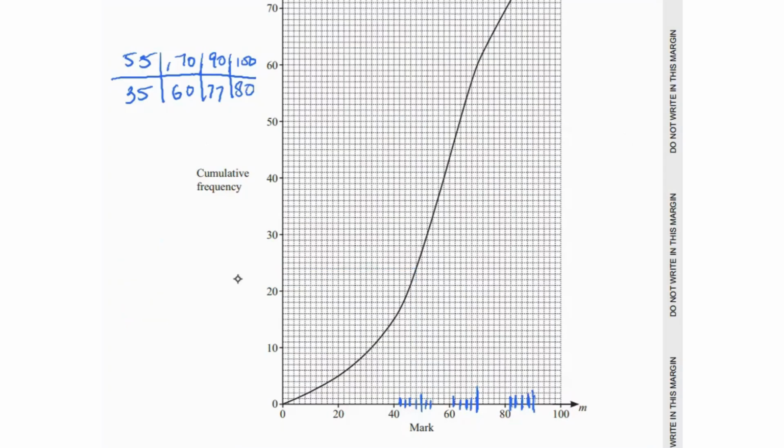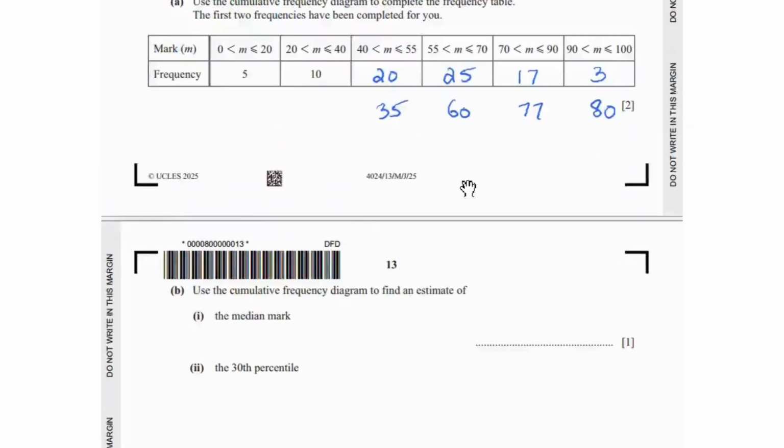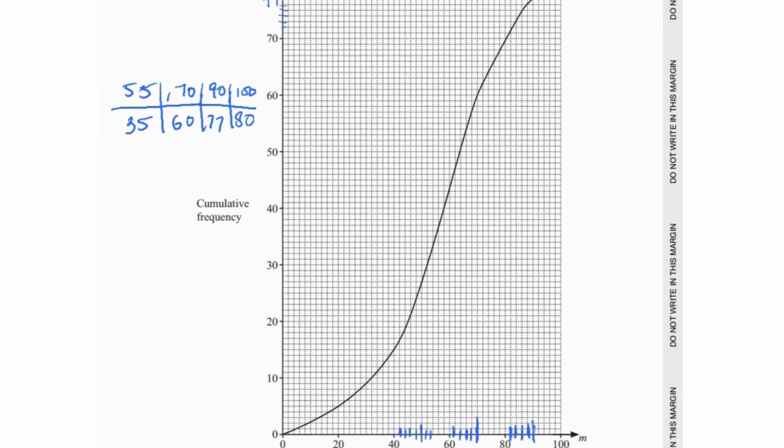Then lastly, they want the number of students who scored 76 marks or more. This is 70, so 72, 74, 76.